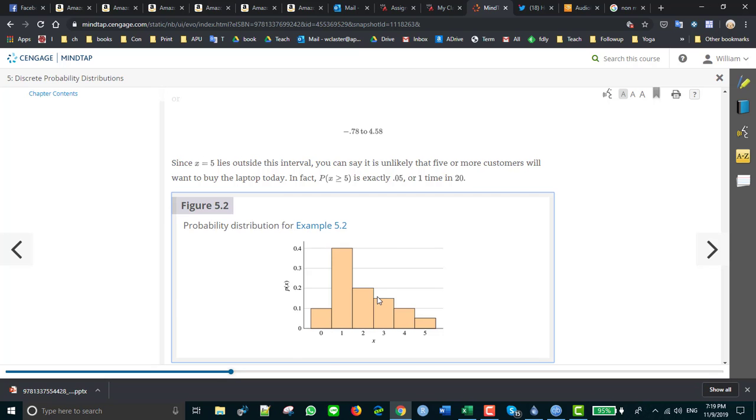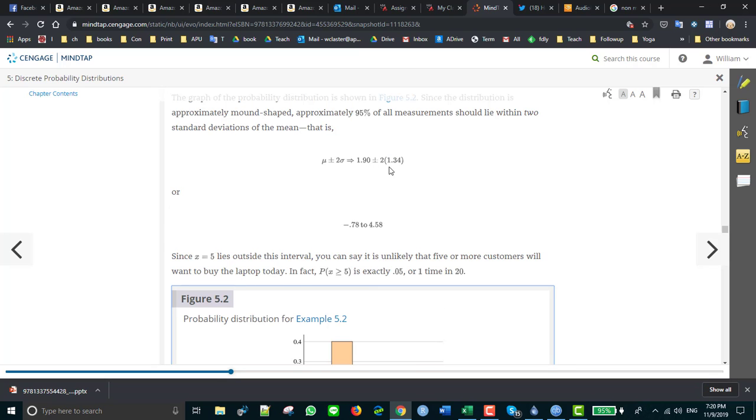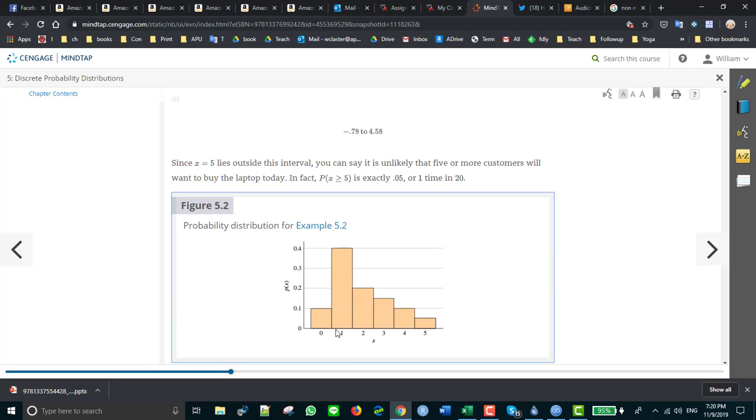The actual numbers: you go down to negative 7.8, and you go up to 4.58. I was kind of wrong earlier. So starting at 1.9, going up 2 sigma and down 2 sigma, brings you from here to here.